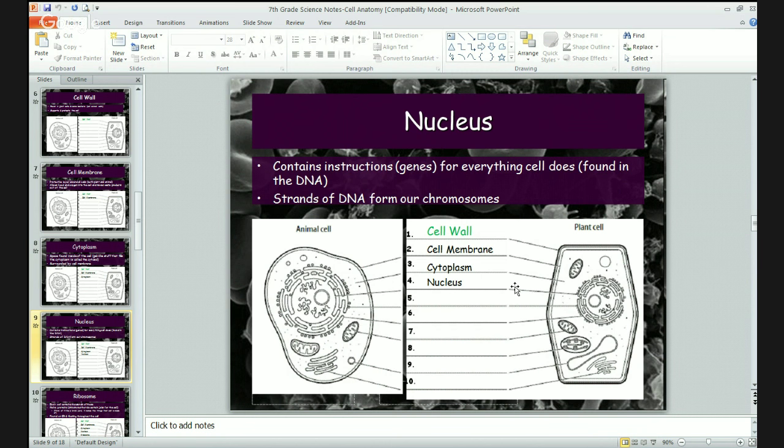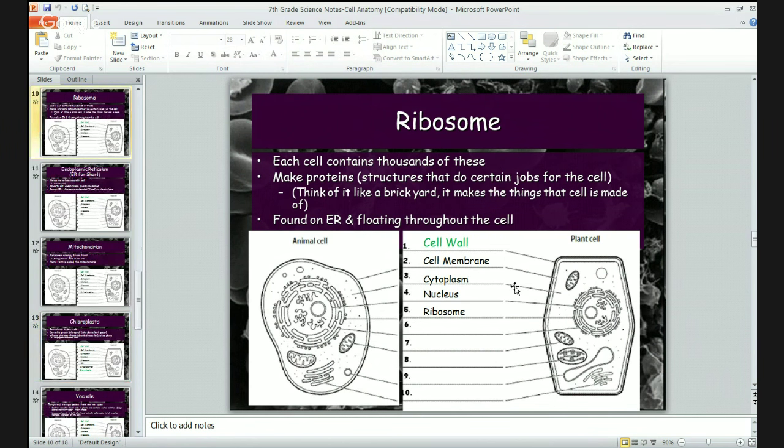Okay, number 5 is the ribosome. The ribosomes are in both of the cells, so in both the animal and the plant cell. You've got tons of these. These are the little tiny circles that are attached to that maze-looking thing. See those little circles that are kind of on the outside?